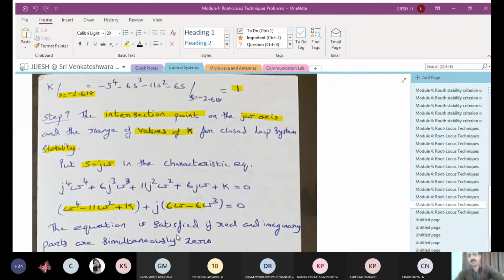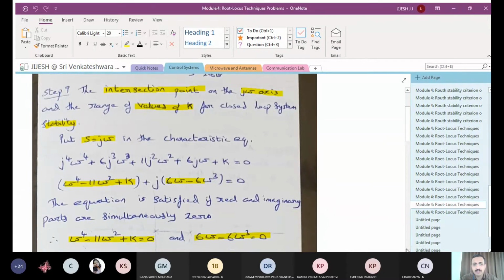So when you substitute s equal to j omega, you can see that j raised to 4 omega raised to 4, plus 6 j cube omega cube plus 11 j square omega square plus 6 j omega plus K is equal to 0. So you have taken the real terms together and the imaginary terms together. All these things we did in the previous class.